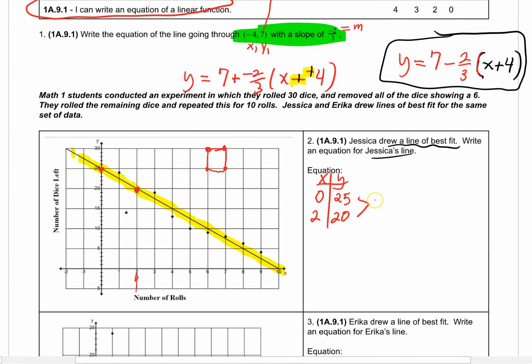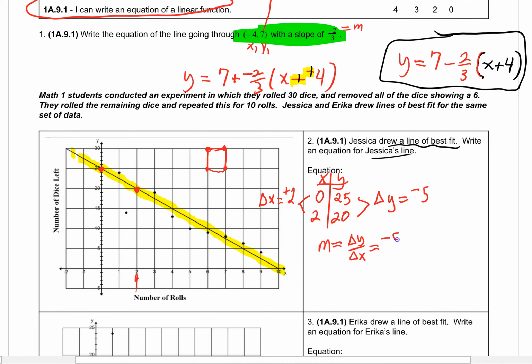So take a look at delta y. Delta y, you are decreasing, going down by 5. Delta x, you can see that we are growing, we're going up by 2. And m, your slope, is always delta y over delta x.